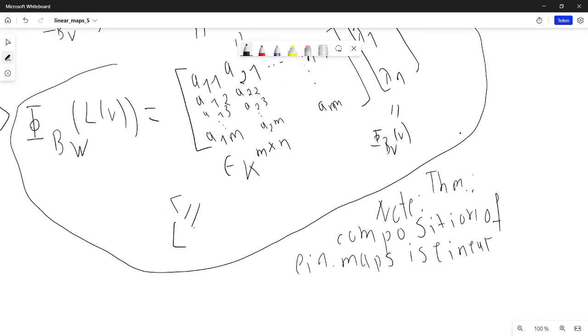Okay, let's see. Theorem: composition of linear maps is linear, plus examples for.